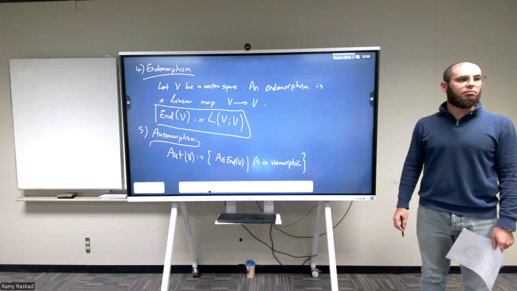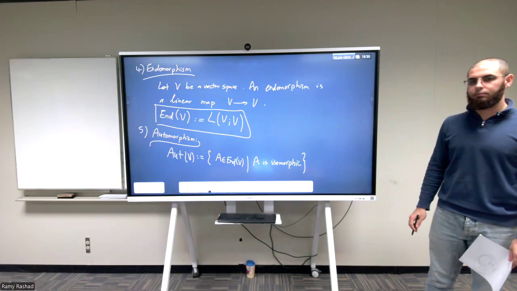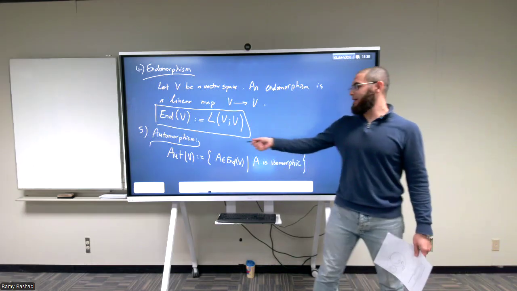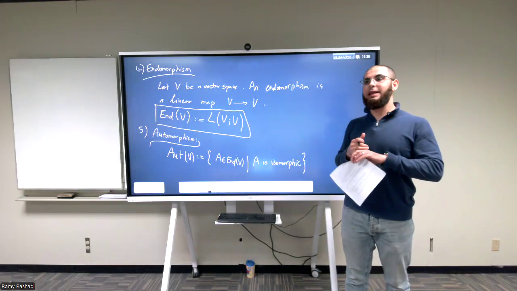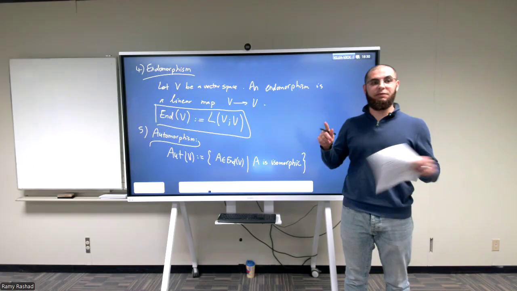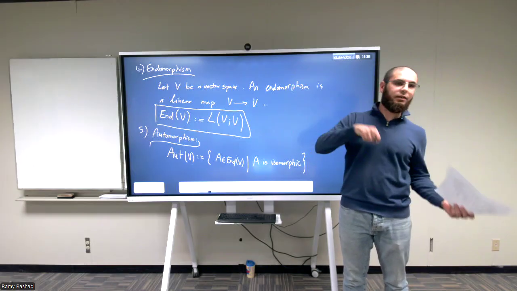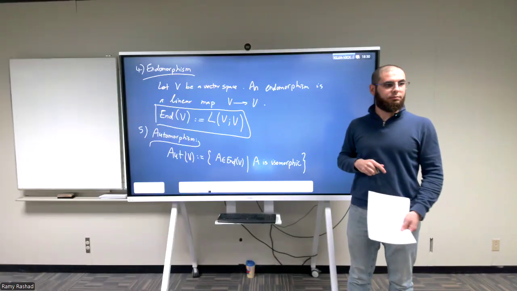Make sense? Exactly. So every element in this set is a map that is both linear between the vector space V and V, and also bijective. I can go back and forth between V and V.